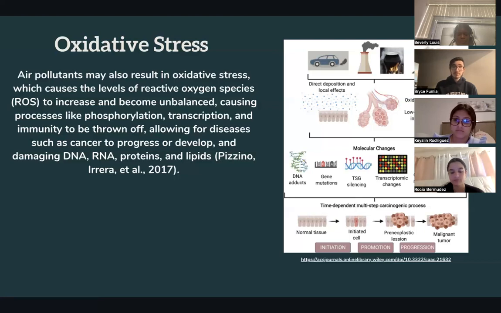You start out with normal tissue. When you have high levels of ROS and air pollutants that enter your bloodstream, there is an initiated cell. That cell is infected and turns into a paraneoplastic lesion. When you have multiple paraneoplastic lesions and cancer cells growing, it turns into a malignant tumor. Malignant tumors are the ones that grow and can spread all across the body, causing cancer, which is much more hard to treat than a regular tumor.